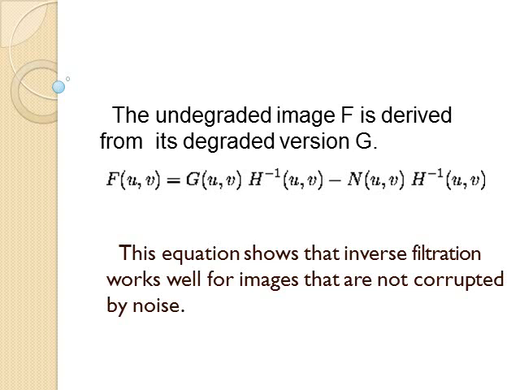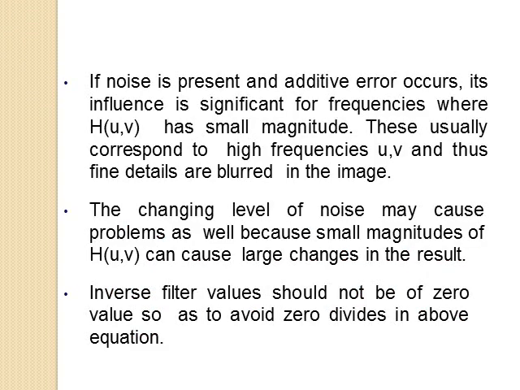This equation shows that inverse filtration works well for images that are not corrupted by noise. If noise is present and additive error occurs, its influence is significant for frequencies where H(u,v) has a small magnitude.